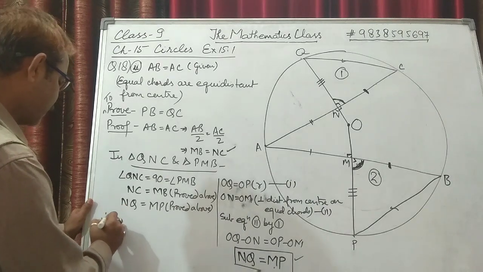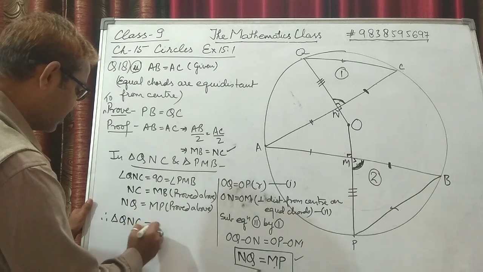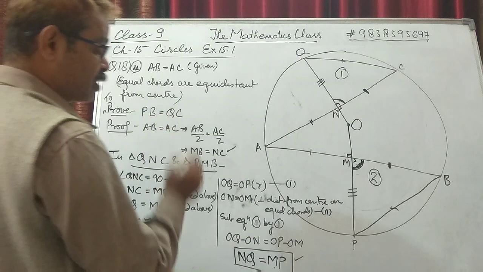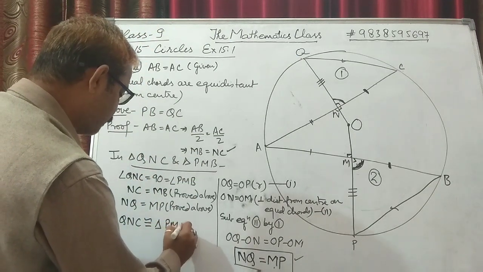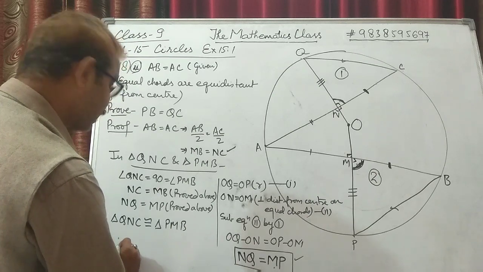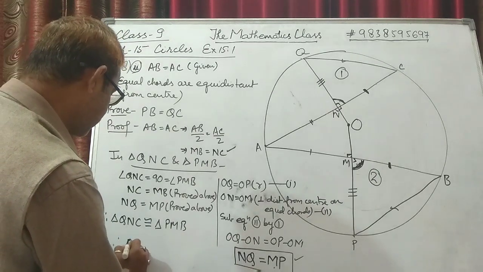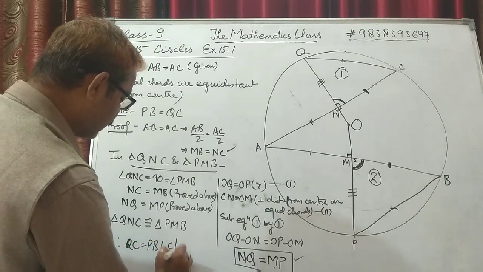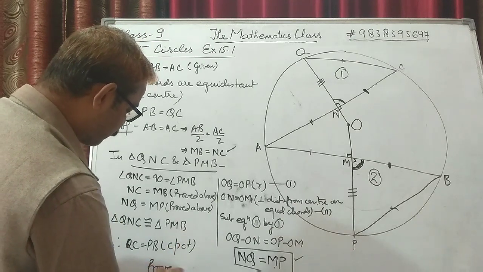So we can say therefore triangle QNC is congruent to triangle PMB. So we can say therefore QC is equal to PB by CPCT, and that is your proof.